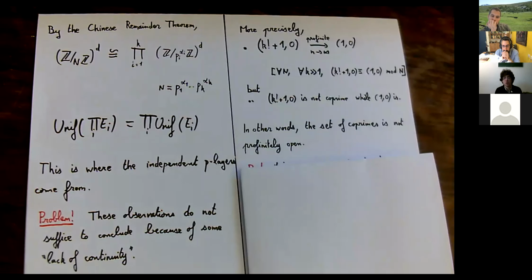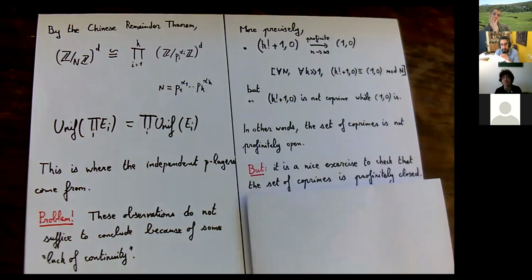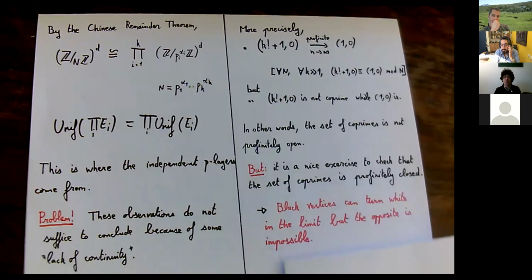It's not open for the profinite topology. Okay, so too bad. We have a problem here. However, we have one problem, but we also have one solution, because it is a nice exercise to check that the set of coprimes is profinitely closed. It's not open, but it's closed. In other words, black vertices can turn white in the limit, but the opposite is impossible.